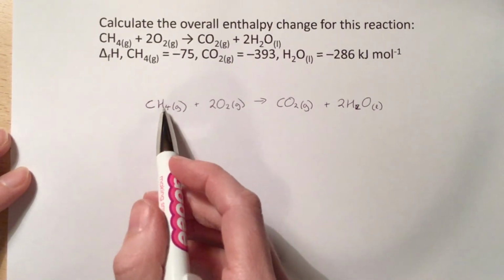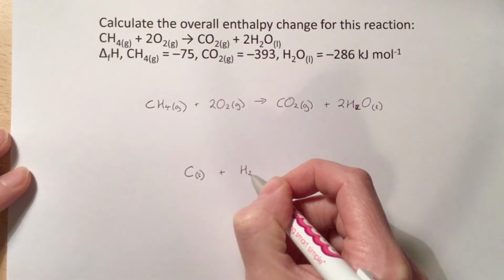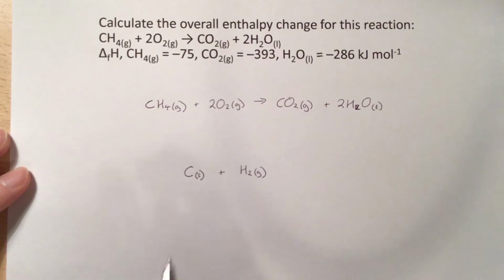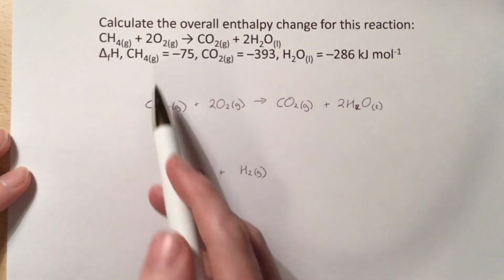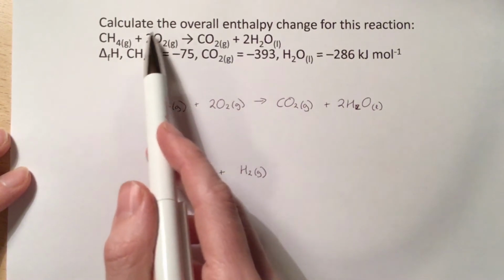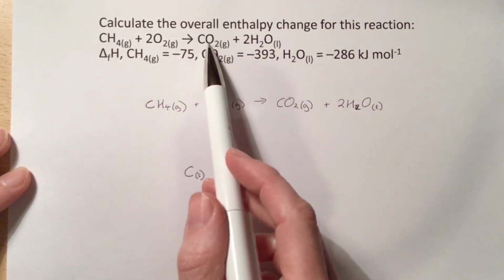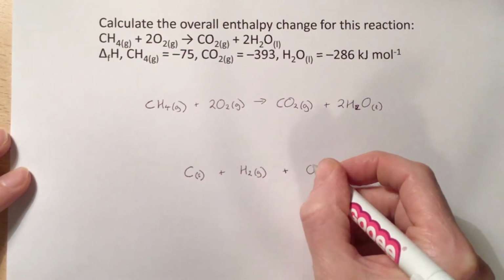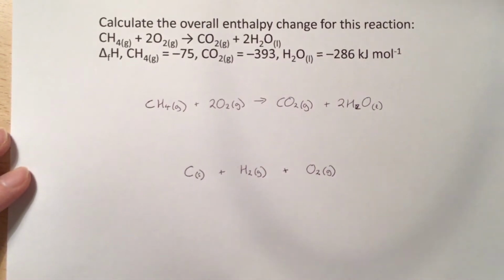Then we've got hydrogen, and hydrogen in its standard state is H2 as a gas. We've also got oxygen. Oxygen is already in its standard state over here, so it won't really contribute on this side, but over here it's combined with carbon and with hydrogen, so we will need to put the oxygen down the bottom. Also O2, also a gas.